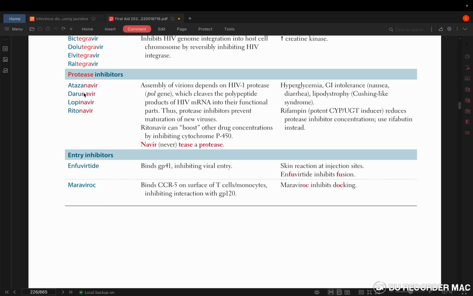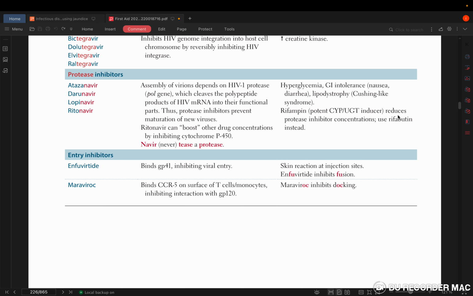The -navirs, the protease inhibitors, have so many side effects, like hyperglycemia. Somebody told me, because they destroy proteins, they destroy the insulin, which can lead basically to hyperglycemia, GI intolerance, diarrhea, lipodystrophy, a Cushing-like syndrome. If we speak about rifampin, rifampin was an inducer of the cytochrome P450. These guys are inhibitors.